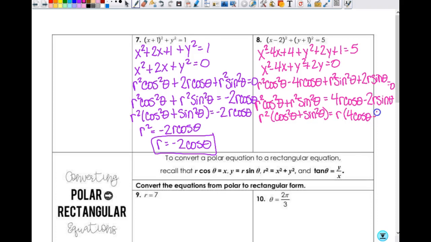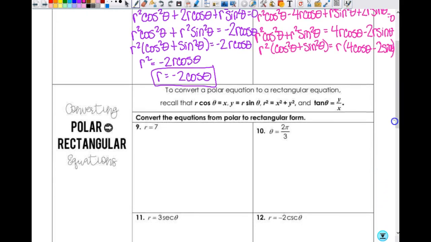Then you have something you can factor out on both sides. On the right-hand side, though, it doesn't have to be the GCF. If you did, it's fine. There's nothing wrong with it. All I'm really concerned with is r, and so it doesn't really matter either way.